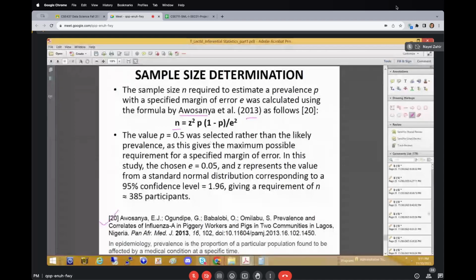Here p is our p value. We will learn about the p value in the next lecture.